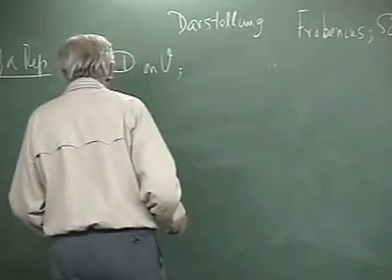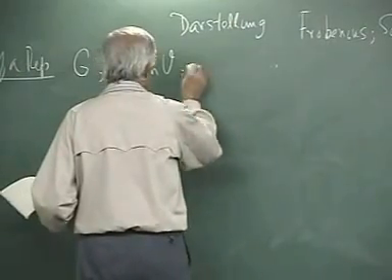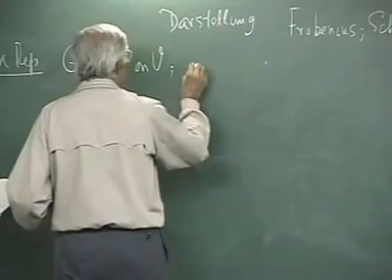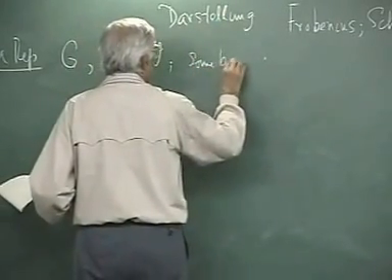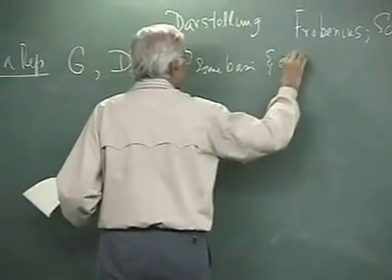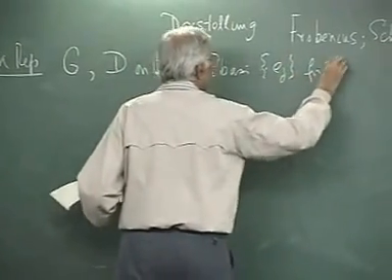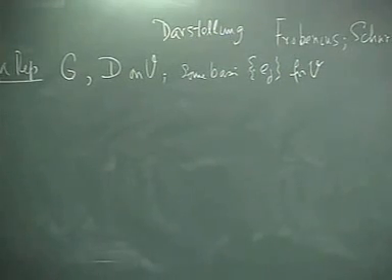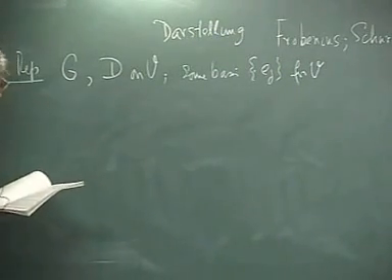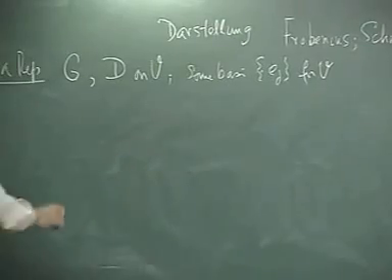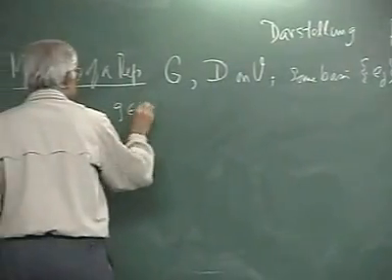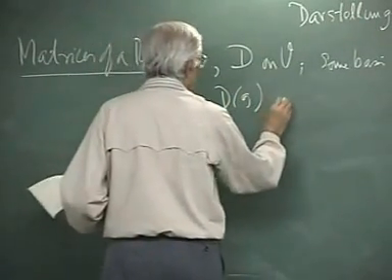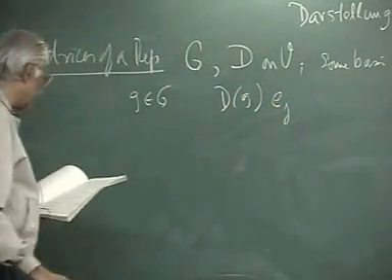Okay, so what are the matrices of a representation? So much of what we are studying in this section is due to Frobenius and Schur. You choose some basis, which I will denote as a collection of basis vectors E1, E2 up to En, where n is the dimension of the representation space. Then you take any group element, take the operator which represents it, and apply it to one of the basis vectors.